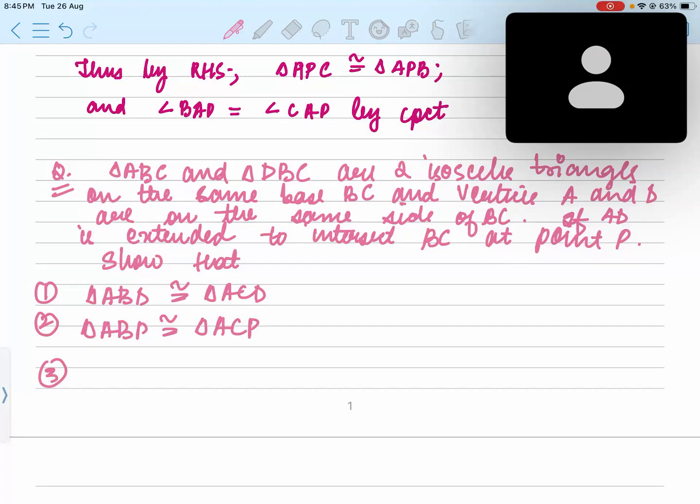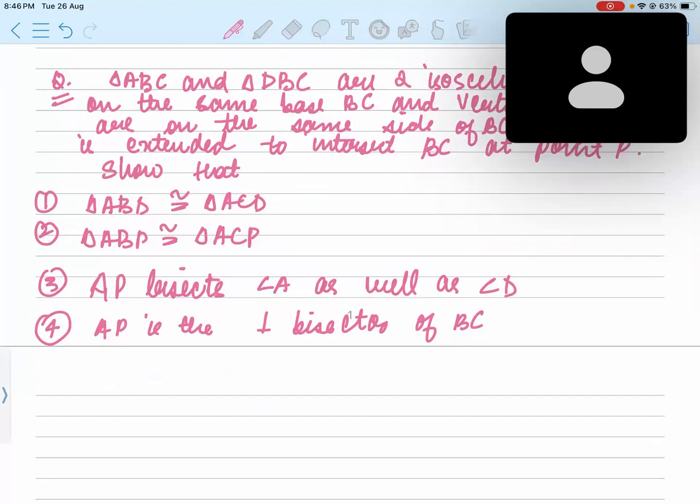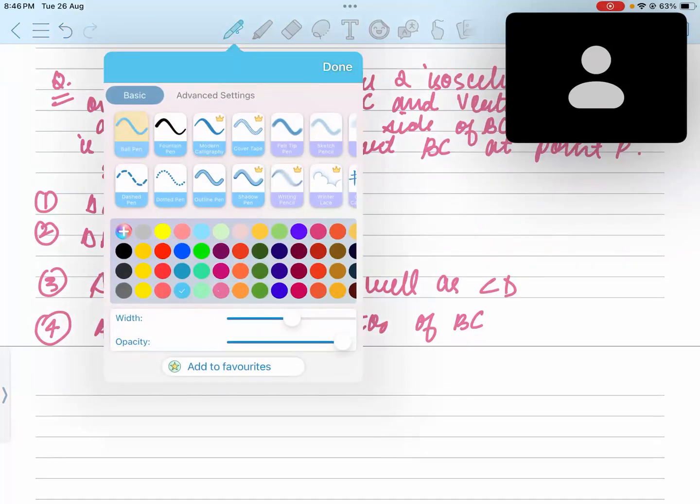Third, AP bisects angle A as well as angle D. And AP is the perpendicular bisector of BC. Okay, so children, now understand the question well and look at the figure very carefully.